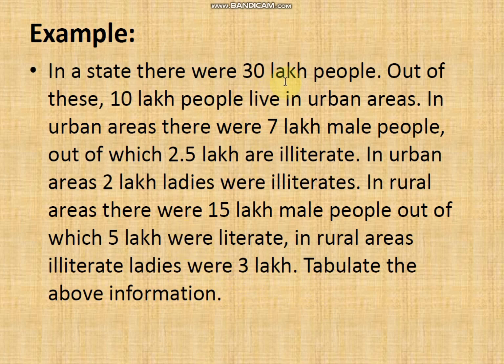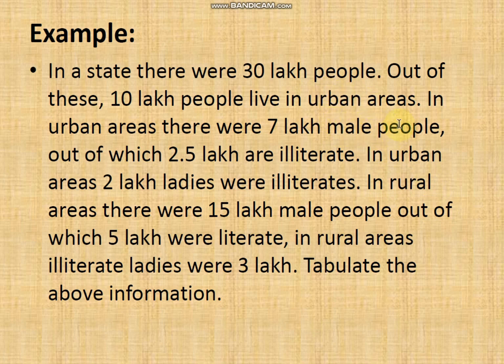So, the total population given here was 30 lakh. Again, now we have to identify the entities here. The first thing we observe here is urban area and rural area. So the type of place they are living in, the region, is one entity here.